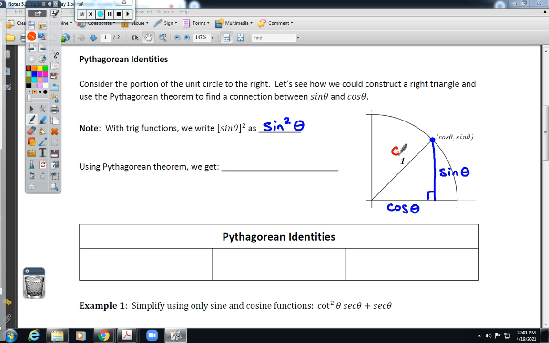So when we set up the Pythagorean theorem and say a squared plus b squared equals c squared, we get cosine squared theta plus sine squared theta equals 1, because 1 squared is still 1.